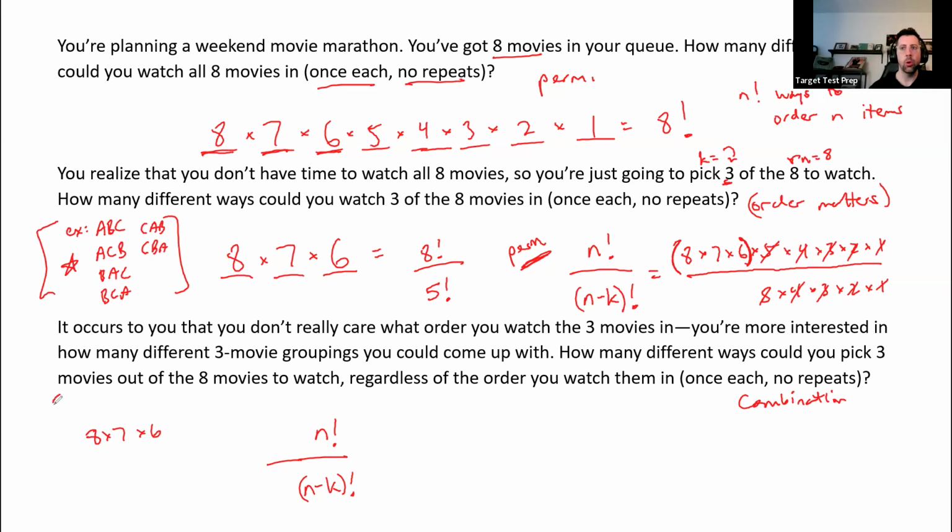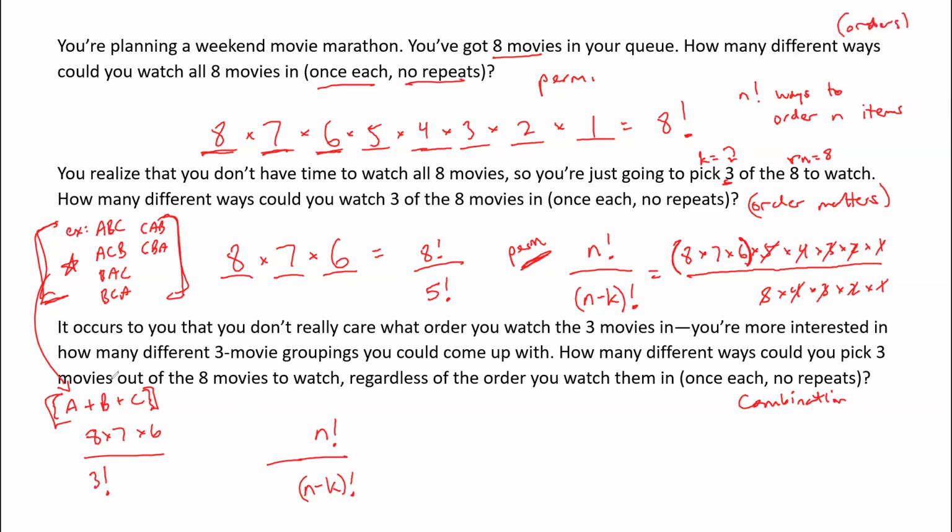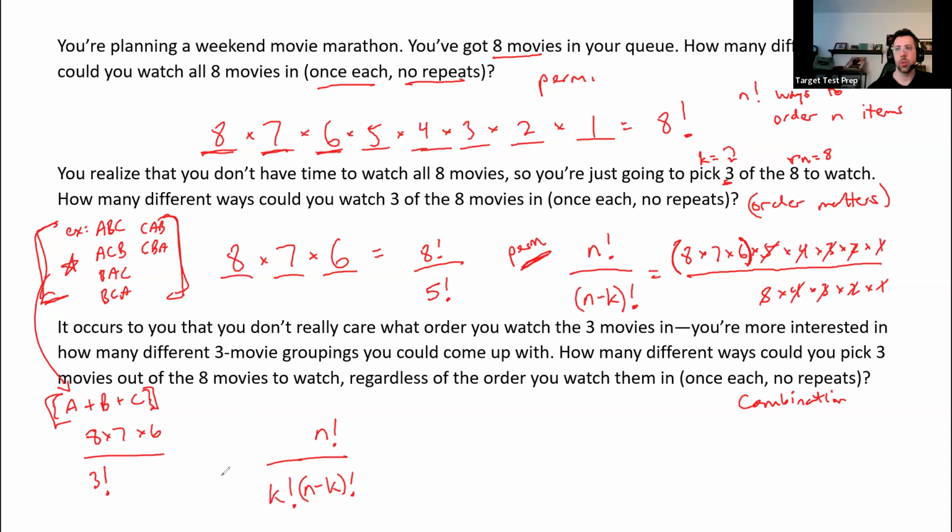But down here, we only really care about just A and B and C in any order. So in order to convert from this all the way down to just this, for every group of 6 permutations that are really just 1 combination, we need to divide by 3 factorial. Because that 3 factorial is how many different ways you could put the 3 movies that you picked in order, which is 6. So this is the combinations formula.